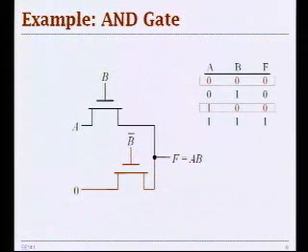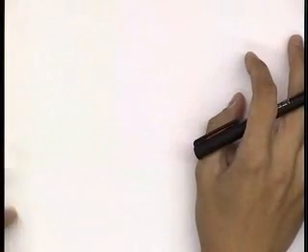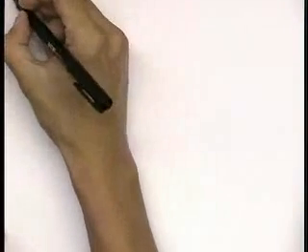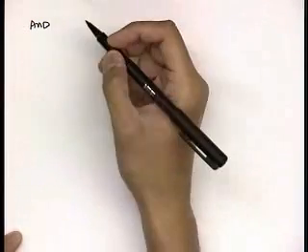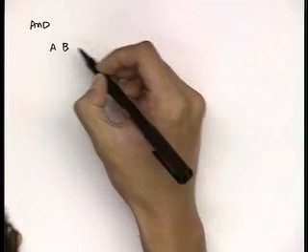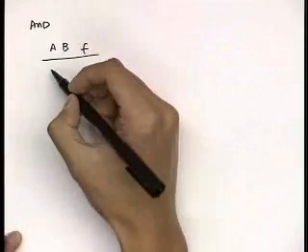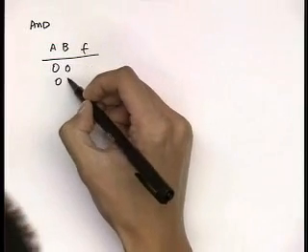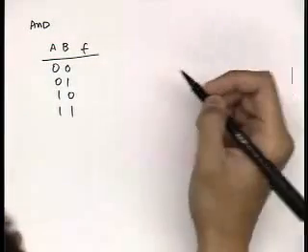So let's look at this example for the AND gate. I have the truth table for an AND gate. If I have A, B, and the output F, so 0, 0; 0, 1; 1, 0; 1, 1.